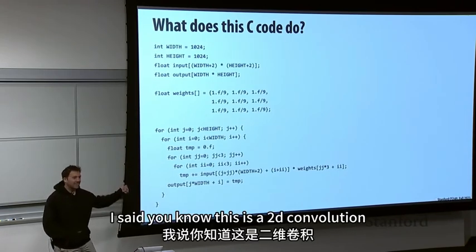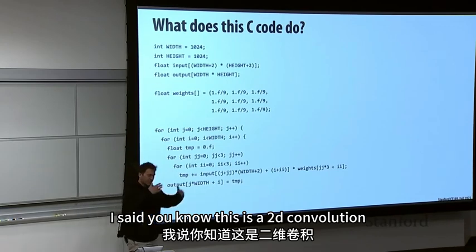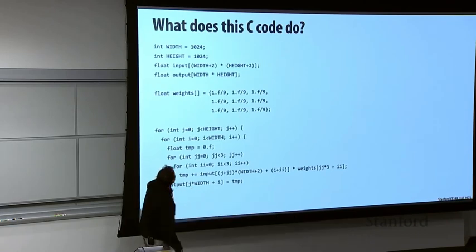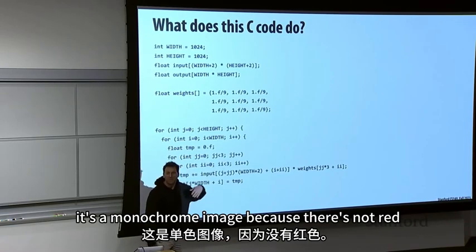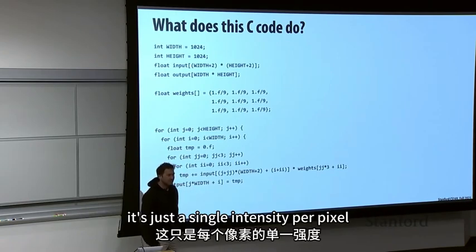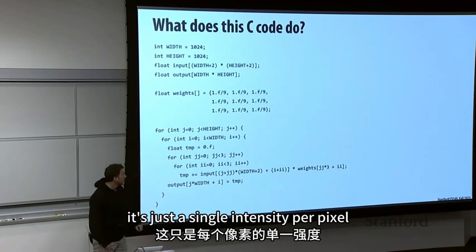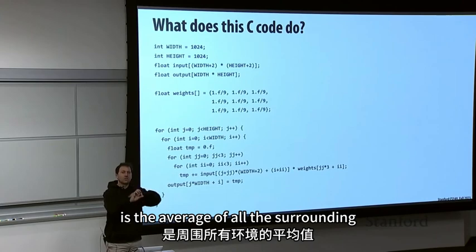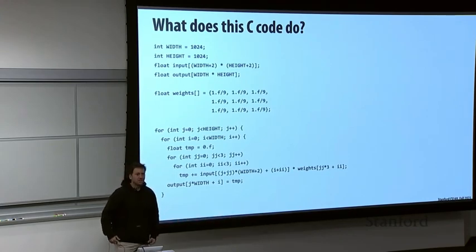This is a 2D convolution. I give you an image, a 2D array, a matrix of pixels. In this case, it's a monochrome image because there's no red, green, and blue. It's just a single intensity per pixel. Every output pixel at the same location is the average of all the surrounding neighboring pixels.